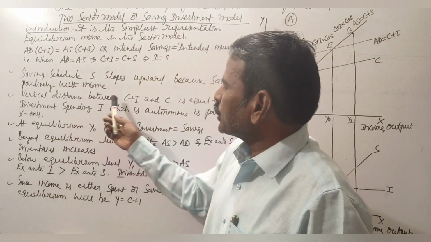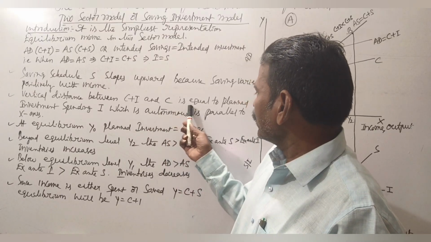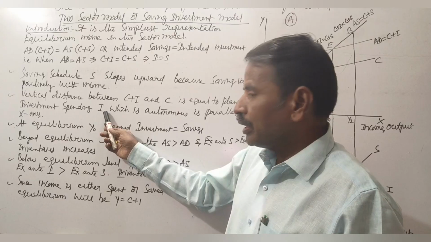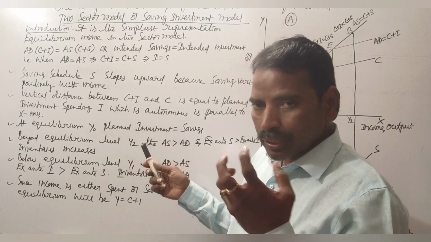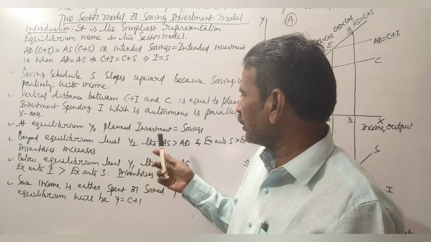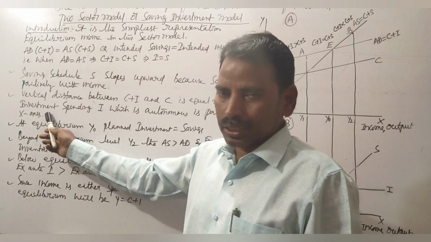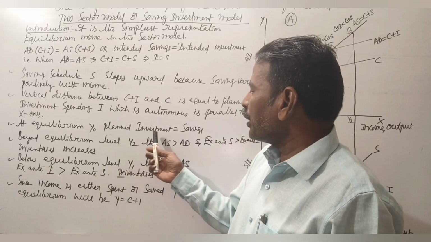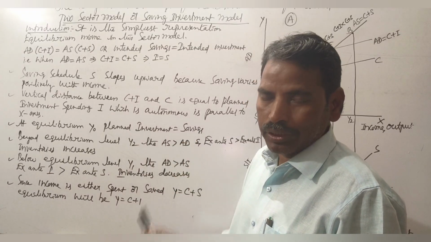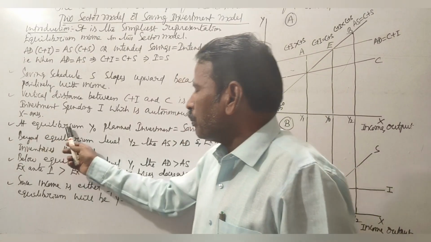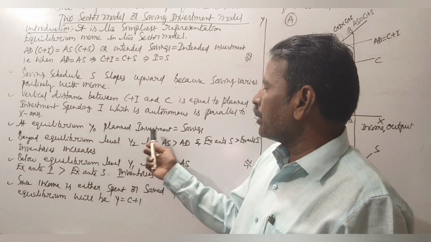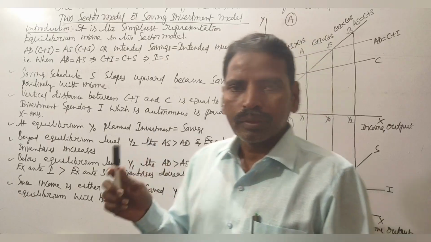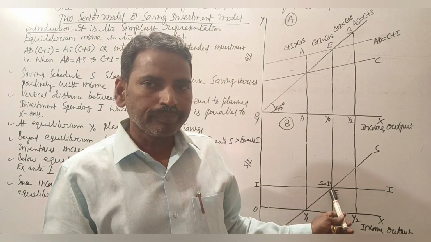So the vertical distance between C plus I and C is equal to planned investment spending, that is I, which is autonomous investment, and is parallel to the X-axis. At equilibrium Y0, planned investment is equal to planned savings. That is point E.